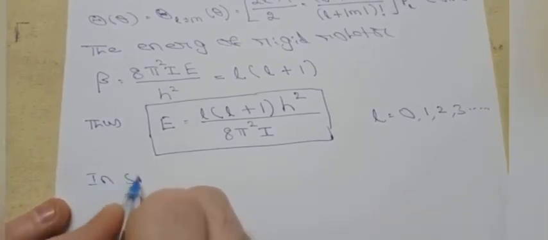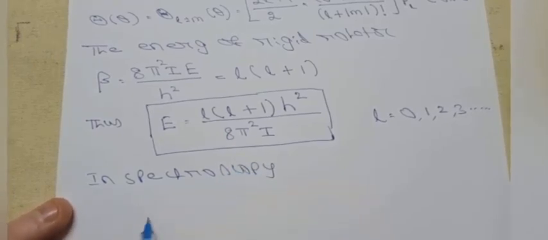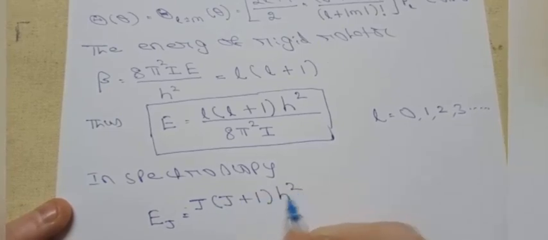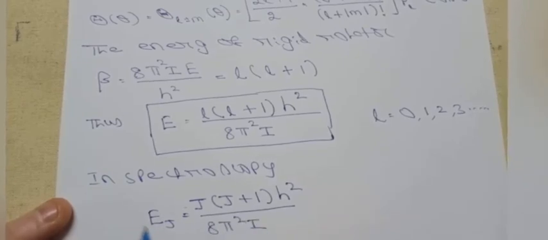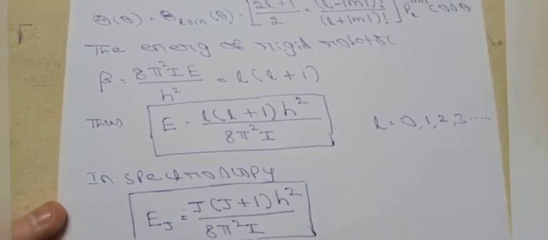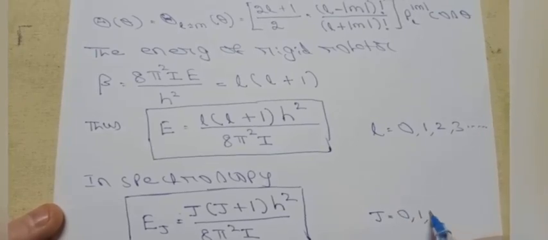Usually in spectroscopy L is replaced by J. That is, in rotational spectroscopy you have studied this equation, J into J plus 1 h square divided by 8 pi square I. So this is the energy of a rigid rotator, a hypothetical model because in nature the bonds are not rigid.